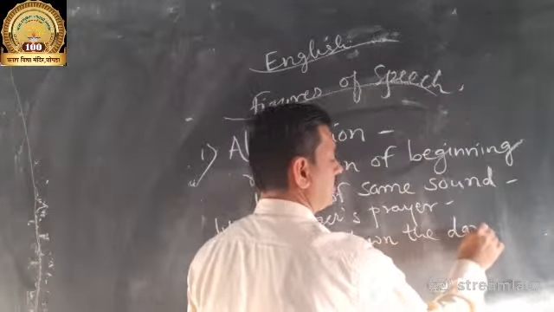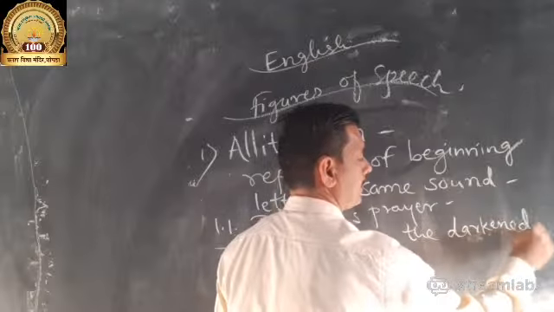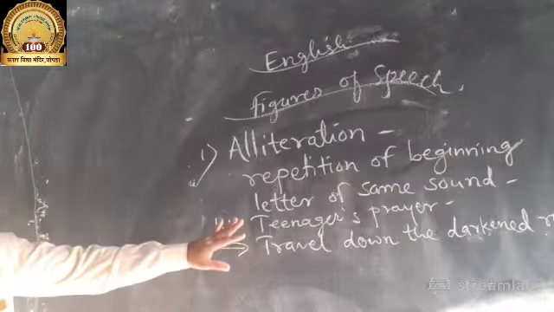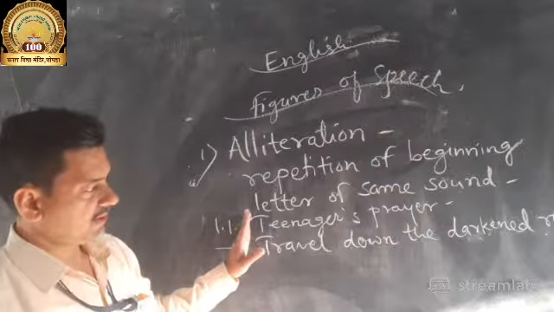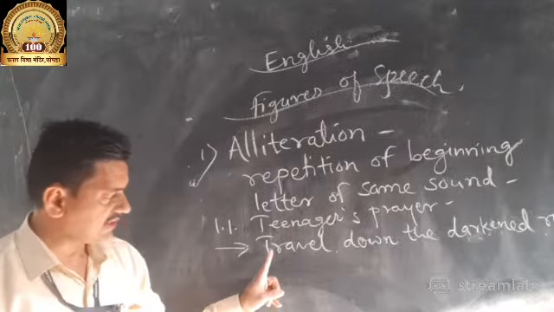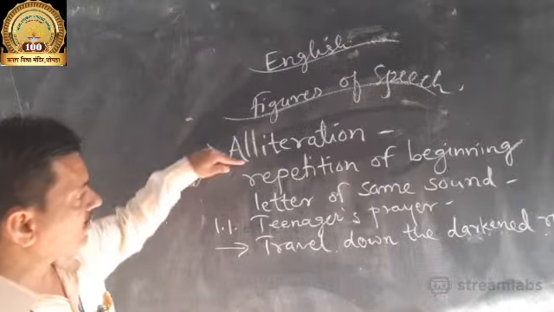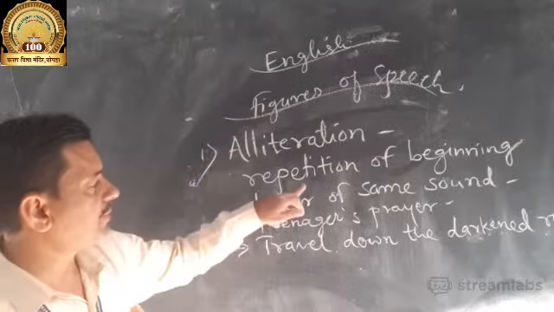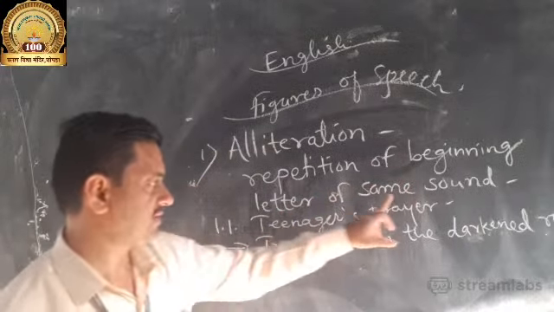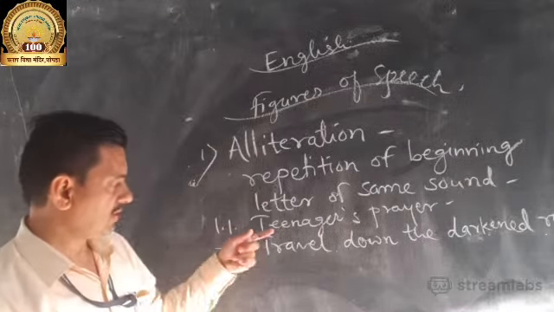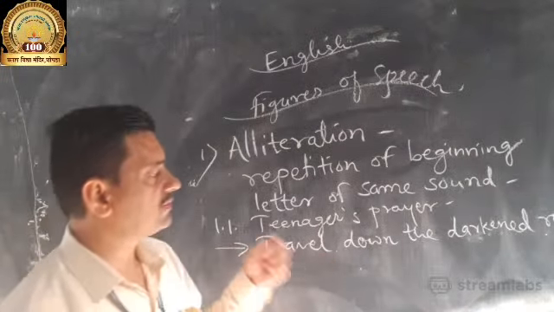Yes, this is a teenager's poem. Now you can see that this is the line, travel down the darkened road. As I told you, what comes in alliteration is repetition of the beginning letter which has the same sound.